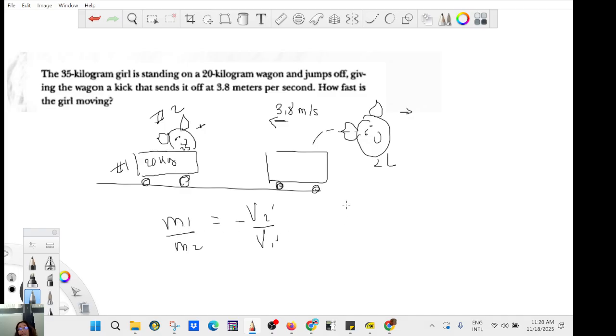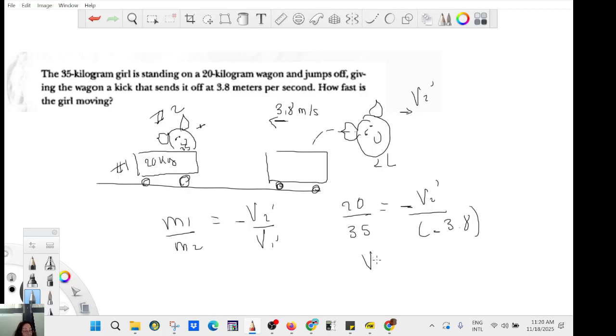So M1 over M2 equals minus V2 prime over V1 prime. So 20 over 35 equals minus V2 prime over minus 3.8. Do you all agree with that?